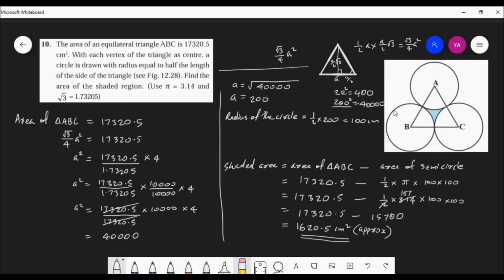First we get the radius of the circle, so we applied the formula for the area of an equilateral triangle, root 3 by 4 a square, and the area is given, 17,320. We substituted and got the side length of the equilateral triangle as 200. Taking its half, we got the radius of the circle, 100 centimeter. Then subtracting the area of the semicircle from the area of the triangle ABC, we got the final answer, the area of the shaded region. So that's all in this lesson.